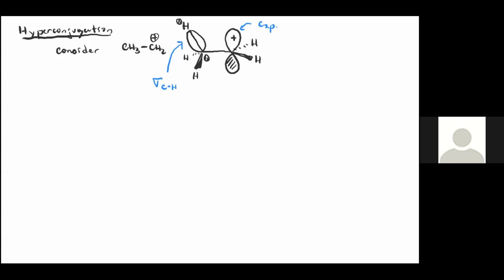Okay, and so the way we can represent that electron density is just by using arrows to generically show the electrons being distributed to the 2p orbitals. So let me write it out explicitly.